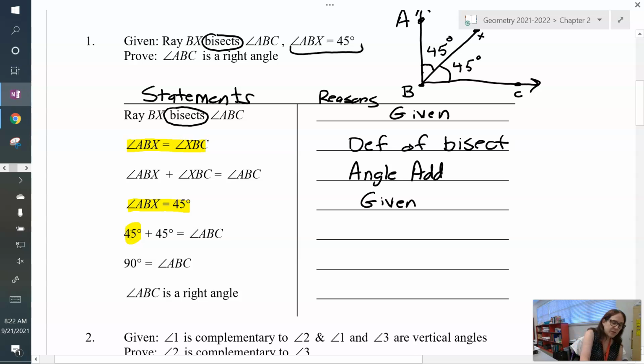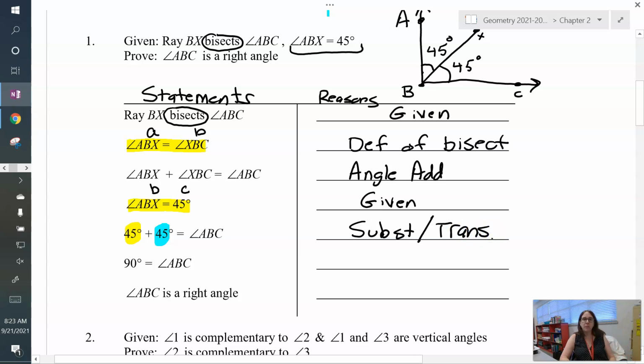And then my second 45 degrees, this one right here, that comes from transitive property, because you have A equals B and B equals C, therefore A equals C. So we did a transitive property and we did a substitution. Now, transitive property is a special case of substitution, so I would accept substitution here. If you wanted to, you could also say substitution / transitive, but substitution is just fine.